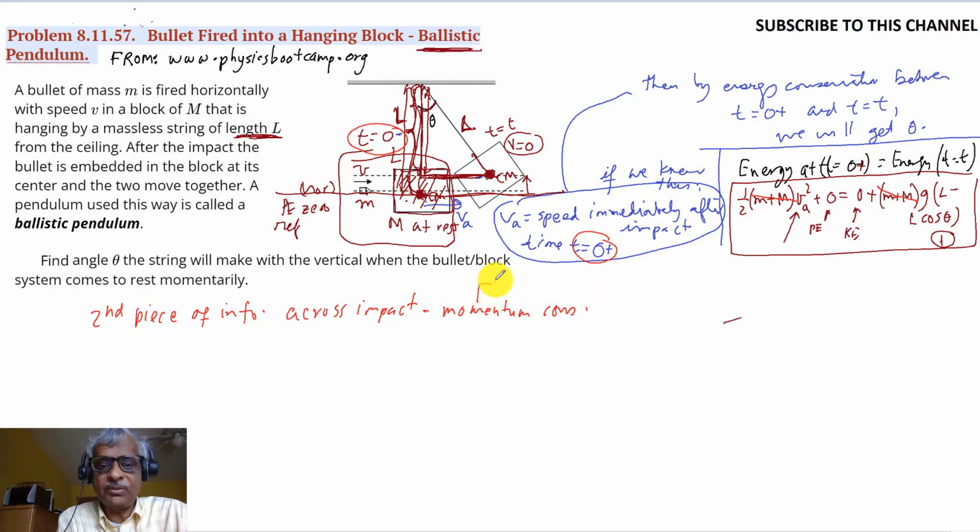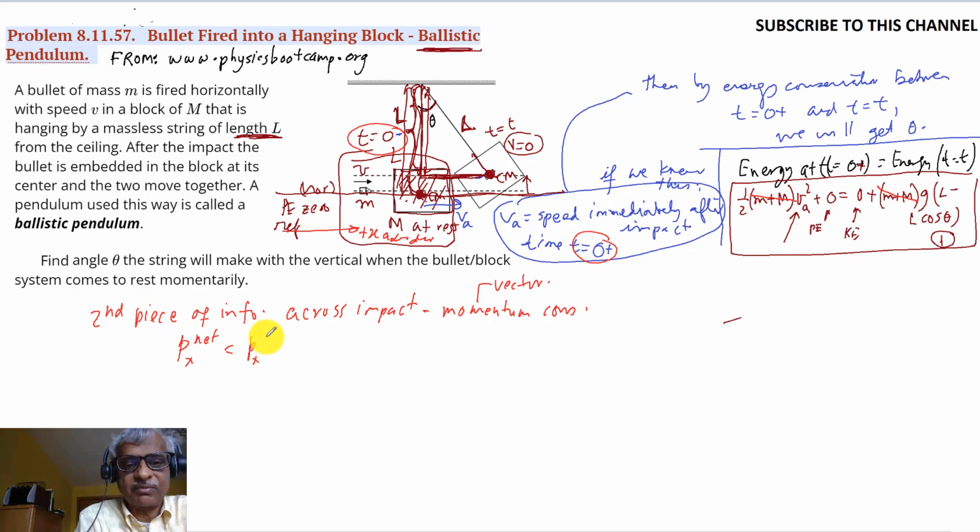And momentum is a vector, but that means we could write x, y, and z, but here it is very simple. If you consider this to be the positive x-axis direction, then I'm going to get p_x net, which is p_x bullet plus p_x block.